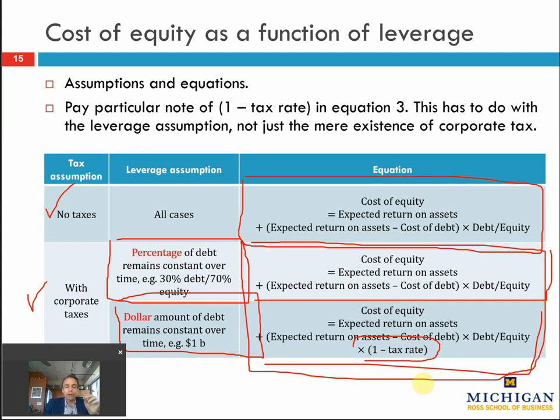Whether the 1 minus tax rate factor appears depends upon whether you assume a constant dollar amount of debt over time, in which case 1 minus tax rate does appear, or a constant percentage of debt over time, in which case 1 minus tax rate does not appear.